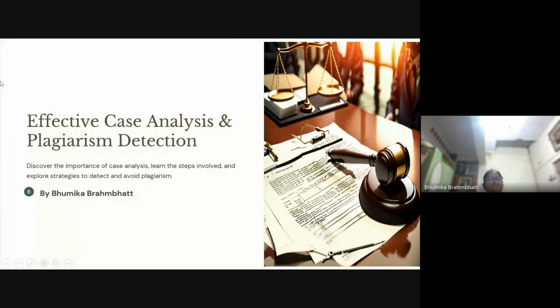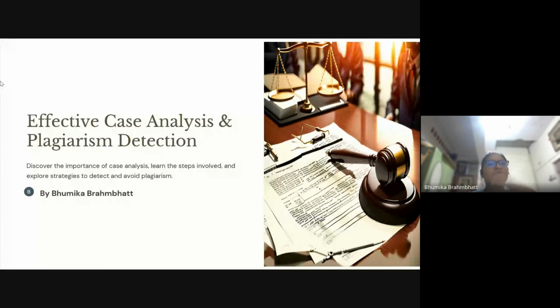So today's topic is effective case analysis and plagiarism detection. The word plagiarism plays a very important role in doing case analysis. As a law student or a law professional, we should know the tricks and tips to avoid plagiarism, as well as the effective use of citation.